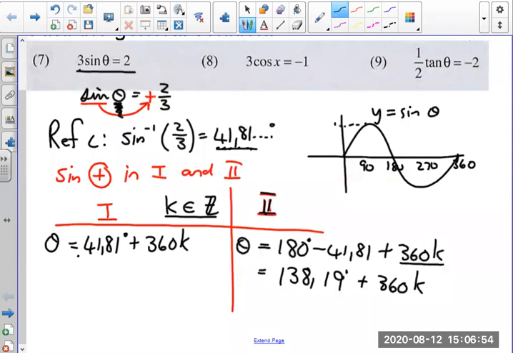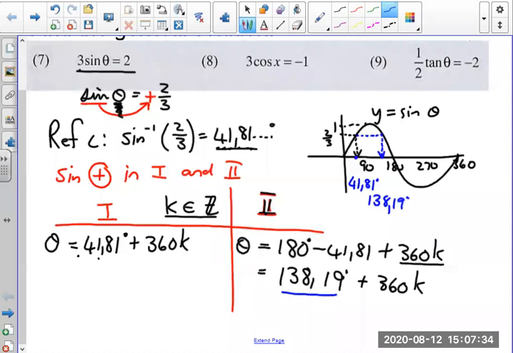There's 1, so 2/3 is more or less there. The answer we calculated is 41,81 degrees, it's now there. And the other place where sine will be equal to 2/3 is at 138 degrees. So that's the other value, 138,19 degrees.